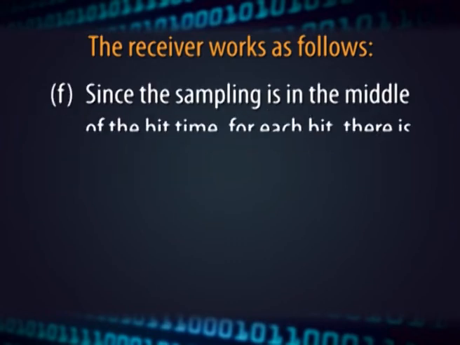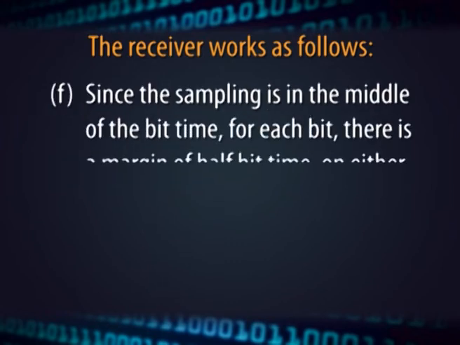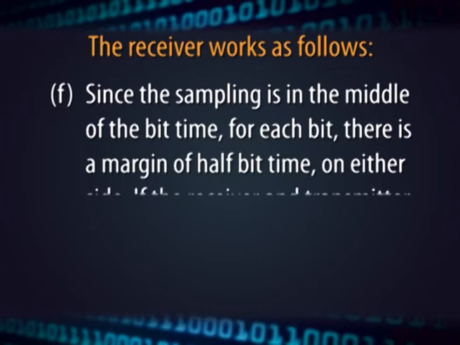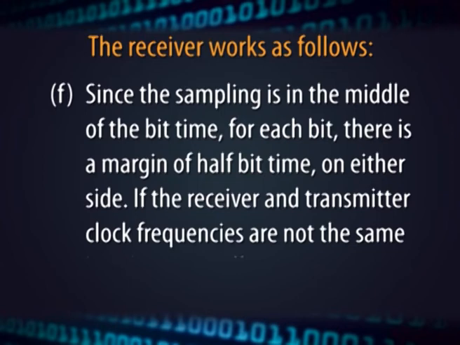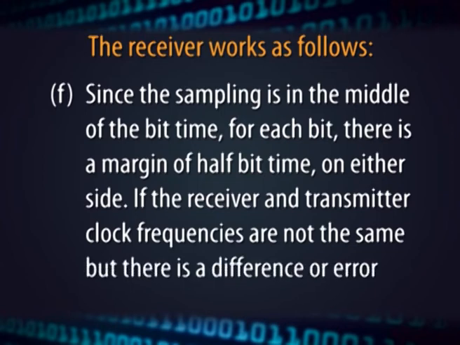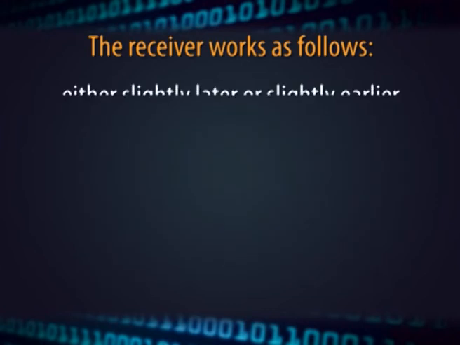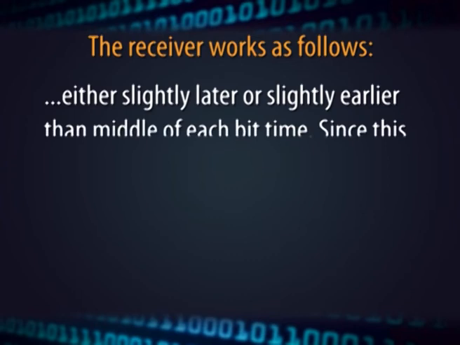F. Since the sampling is in the middle of the bit time, for each bit there is a margin of half bit time on either side. If the receiver and transmitter clock frequencies are not the same, but there is a difference or error, then the receiver will sample either slightly later or slightly earlier than the middle of each bit time.